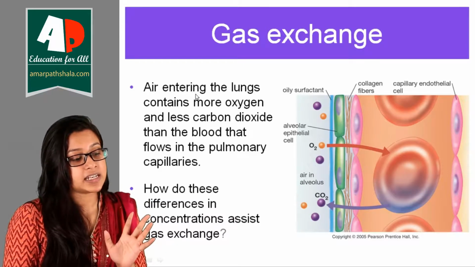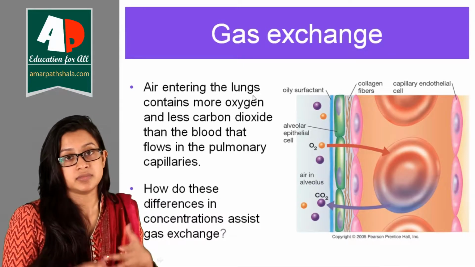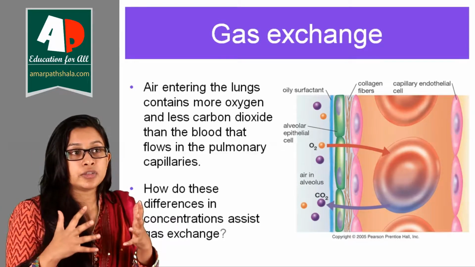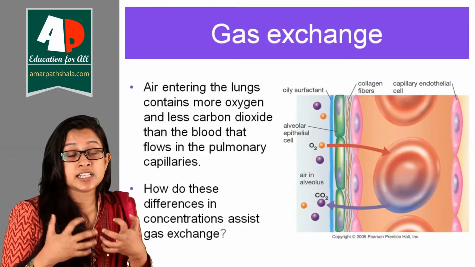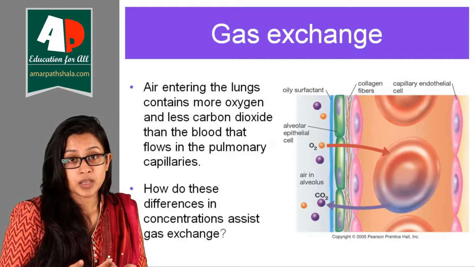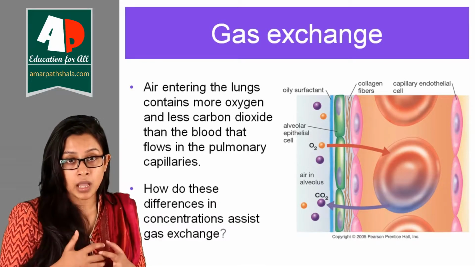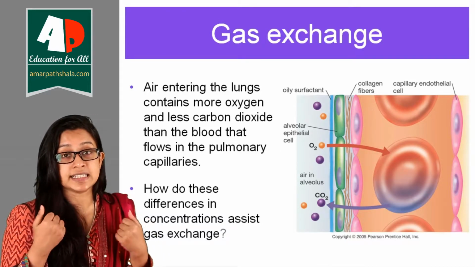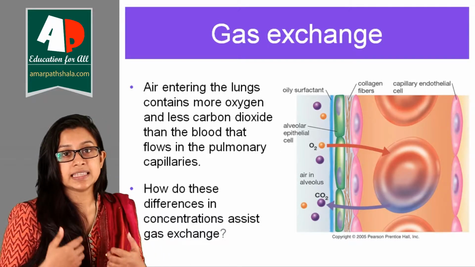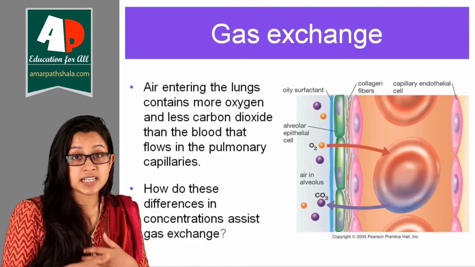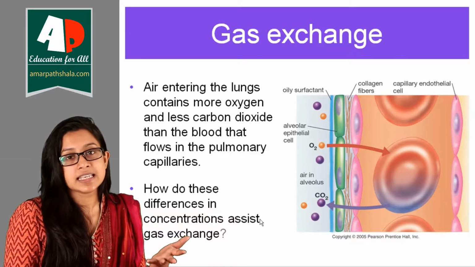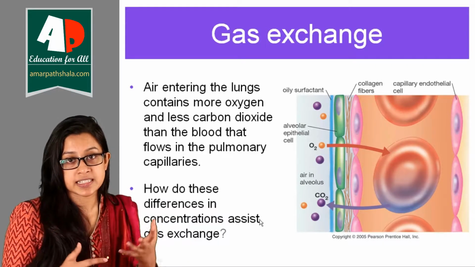So what's happening here is that air entering the lungs definitely contains more oxygen than the air present in blood. And in blood, the concentration of carbon dioxide is definitely more than that of the air entering the lungs. So how does this difference in concentration assist in the gas exchange?